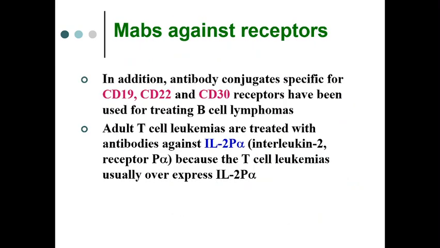Now, let us see the different types of therapies that are carried out with the monoclonal antibodies. The monoclonal antibodies are designed against certain receptors of the tumor cells. For example, in the case of B-cell lymphoma, CD19, CD22 and CD30 are overexpressed.